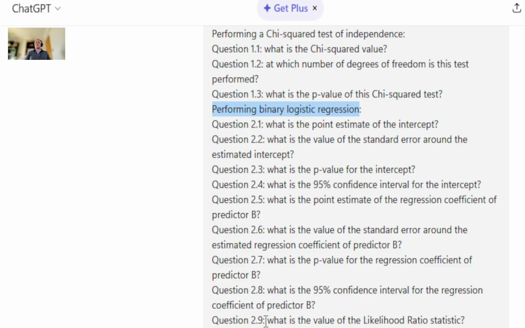And then I've added the likelihood ratio statistic at a number of degrees of freedom and its p-value. So those are a bunch of questions on the logistic regression procedure.